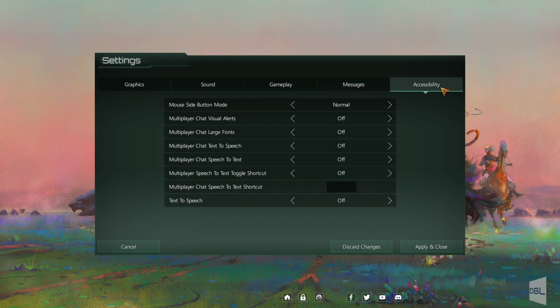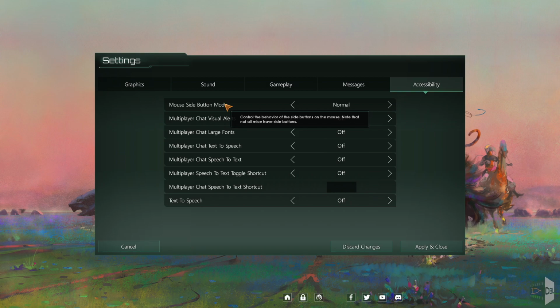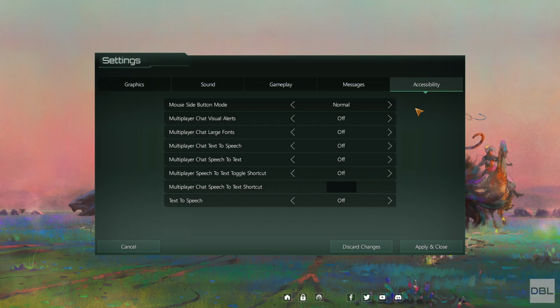Accessibility? Mouse side button mode. Control the behavior of the side buttons on the mouse. Note that not all mice have side buttons. I am aware of that. I do have side buttons. Text to speech off. Okay, that's good. Multiplayer. Oh, this must be the new stuff.